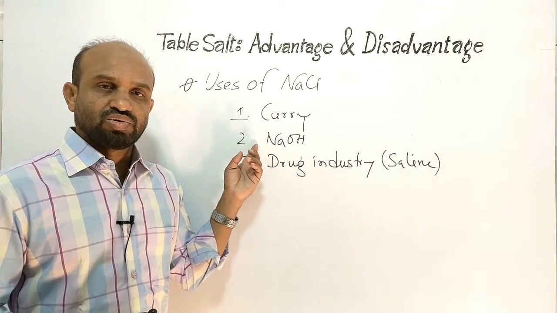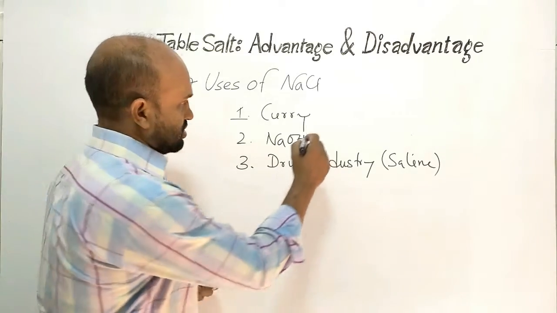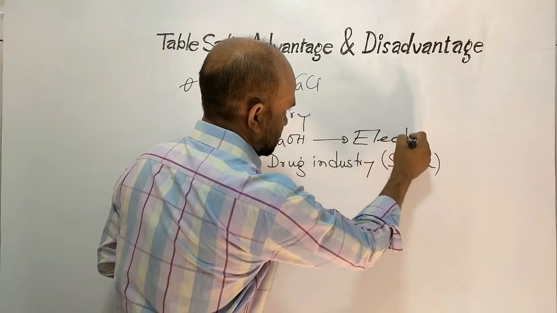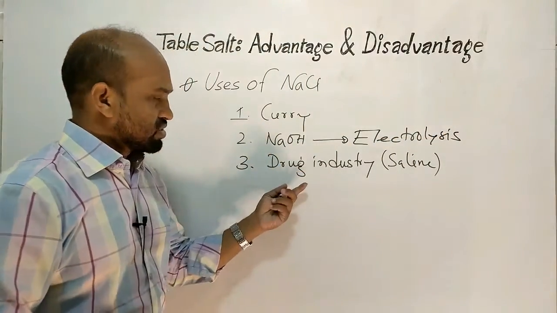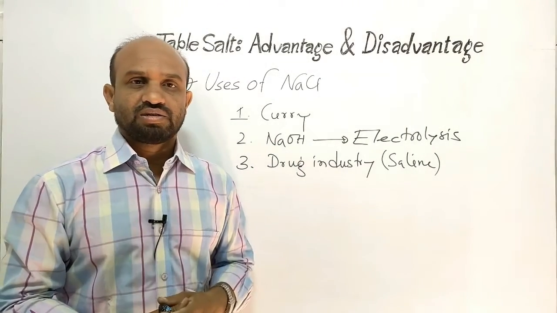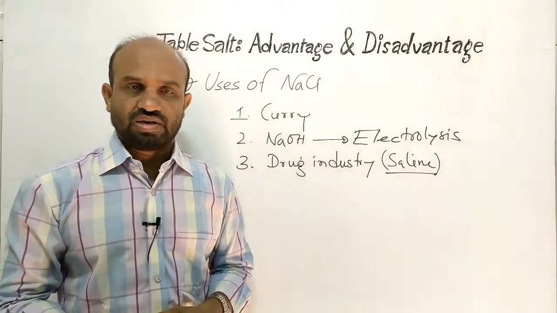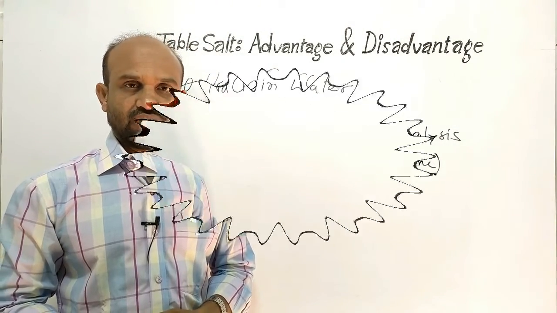It is used to produce important chemical sodium hydroxide through electrolysis process. Sodium chloride is used in drug industries to manufacture saline. These are the uses of sodium chloride.